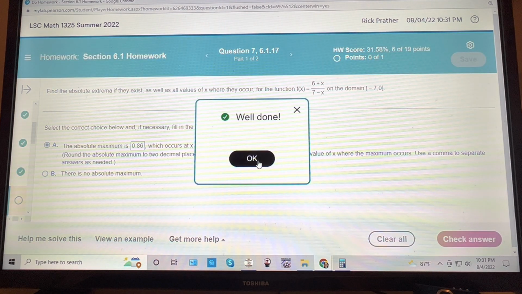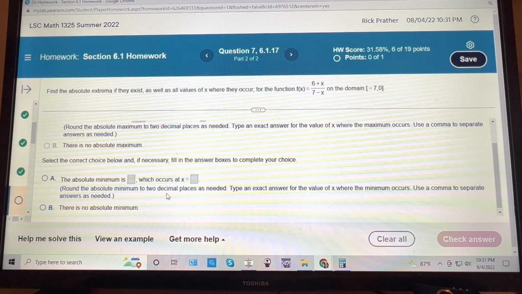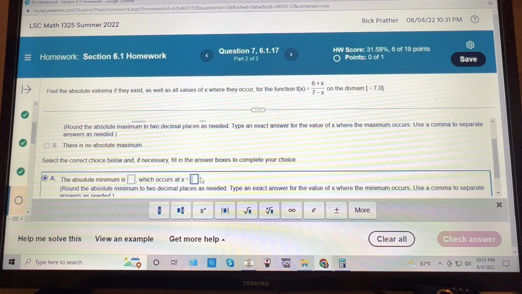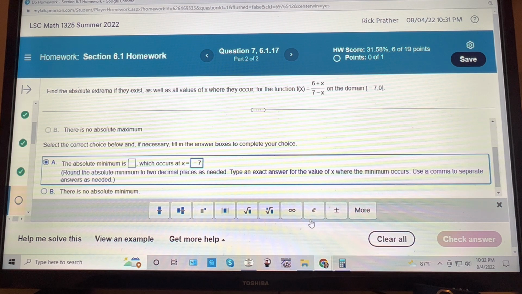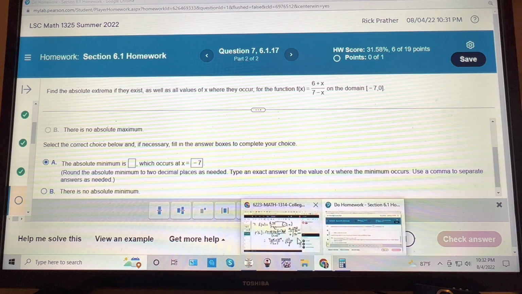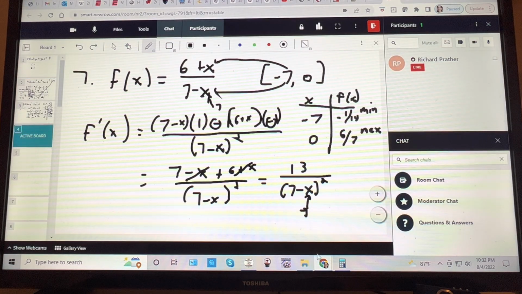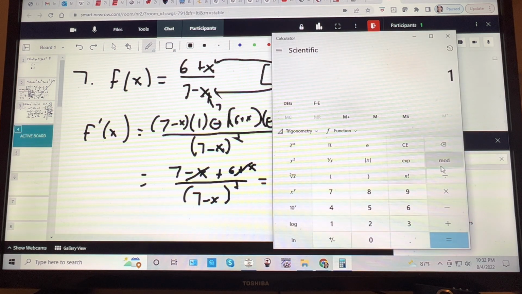Usually they prefer exact answers. And then x equals -7 is where that other answer was. -1/14 is -0.07 to 2 decimals.